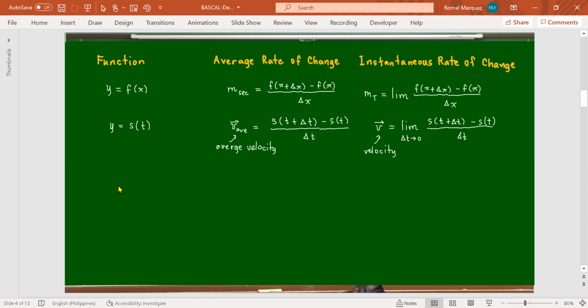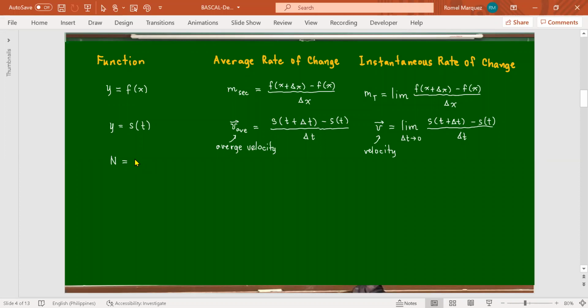Eh, what if my situation is not anymore position of a particle. Let's say I have number of bacteria. So the number of bacteria, so let's say that is my n. Ito na ngayon yung pangalan ng function ko, n.